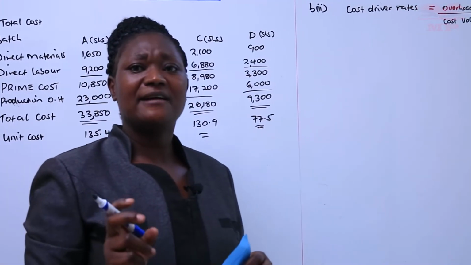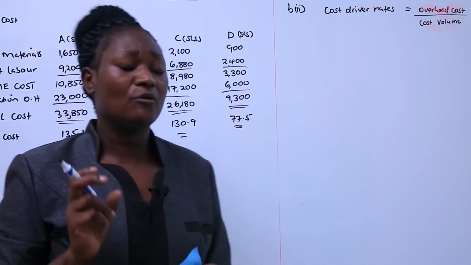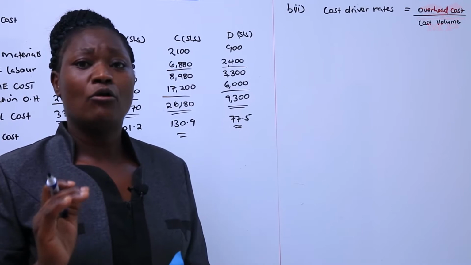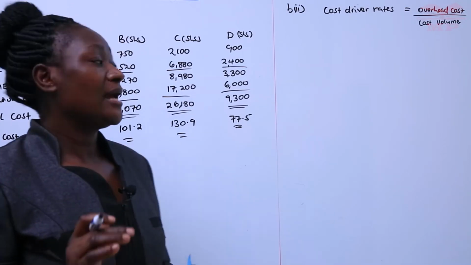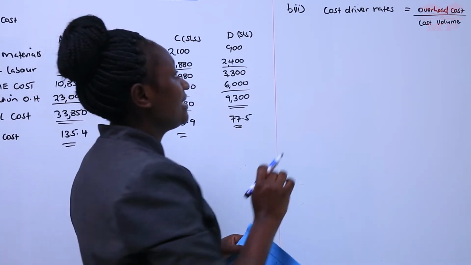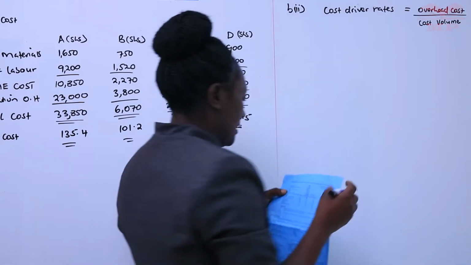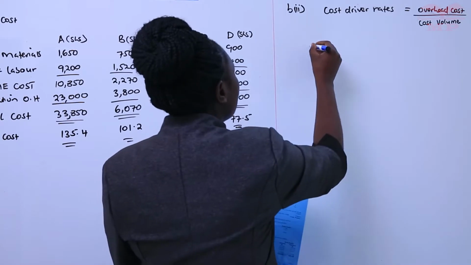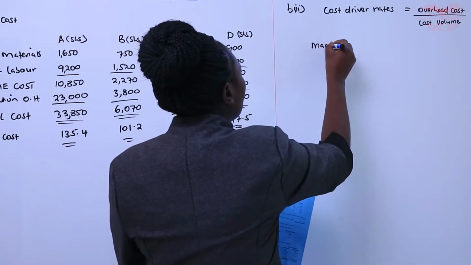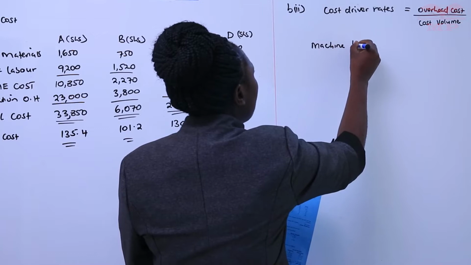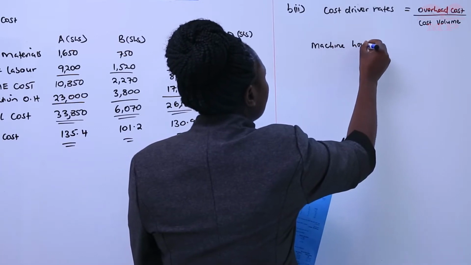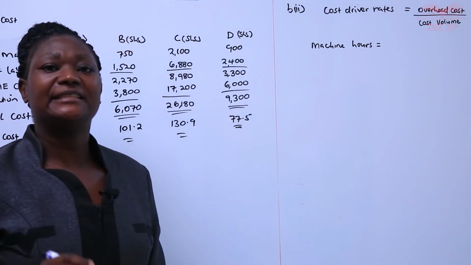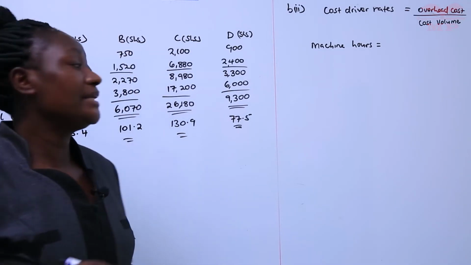You are to identify the cost driver, and once you've identified the cost driver, we also identify the volume, and then we simply divide to get the cost driver rate. One of the cost drivers is machine hours. Remember, I've said that a cost driver is an activity that is causing a cost to be incurred.